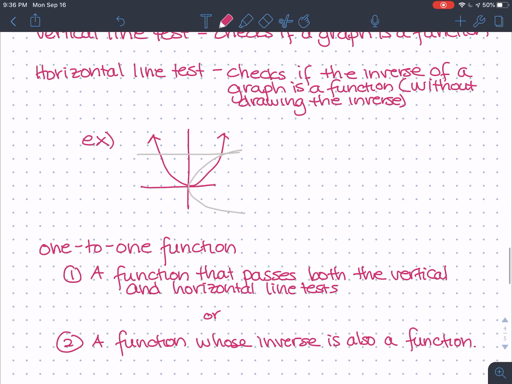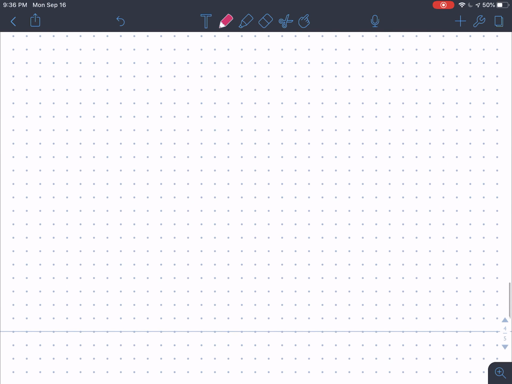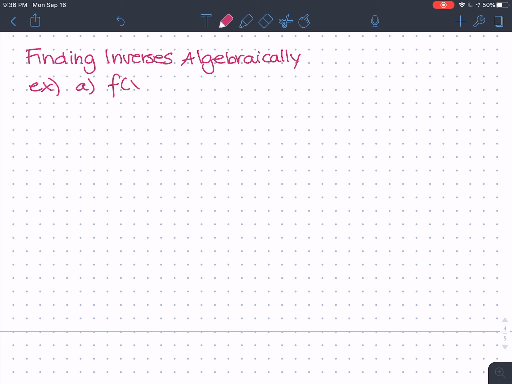All right, last thing. How do we actually find an inverse algebraically? Finding inverses algebraically. All right, I'm going to do part A. Let's say we had f of x equals 5 minus 3x over 2.